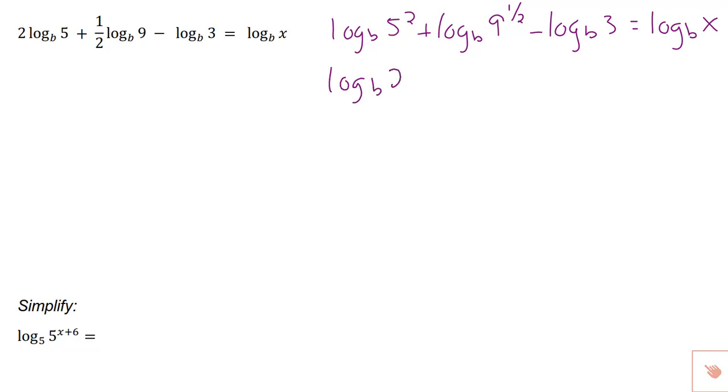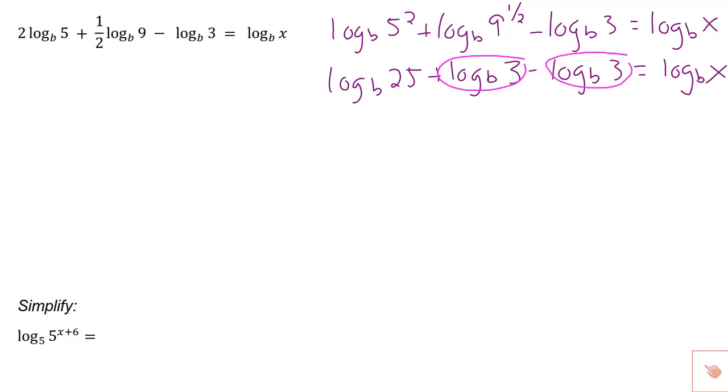Using algebra, 5 squared is 25. 9 to the 1/2 is the same thing as saying square root of 9, which is 3. Bring everything else down. Using algebra, I see that I have log base 3, log base 3, and they're being subtracted, so I can get rid of each of those.